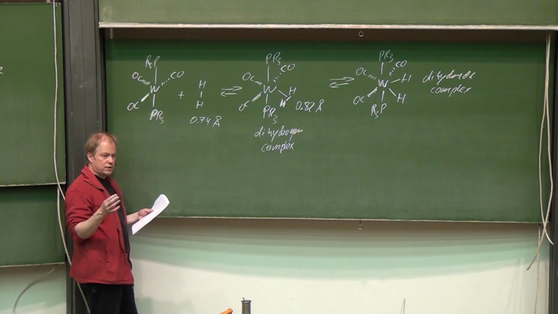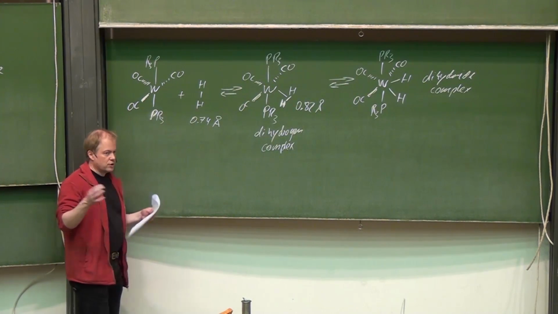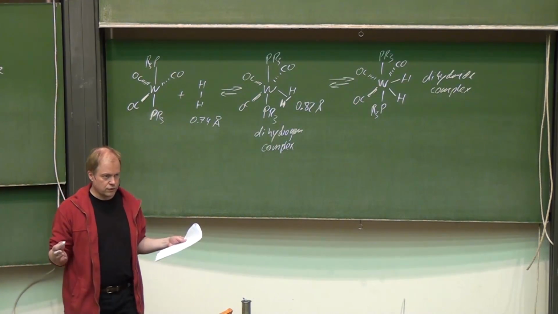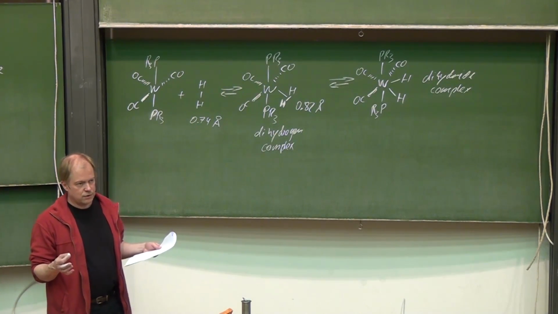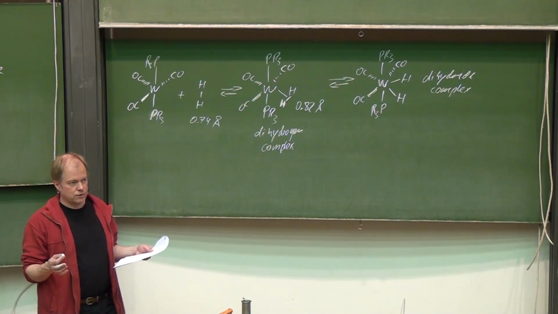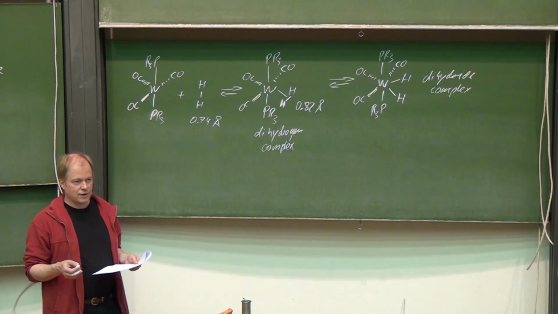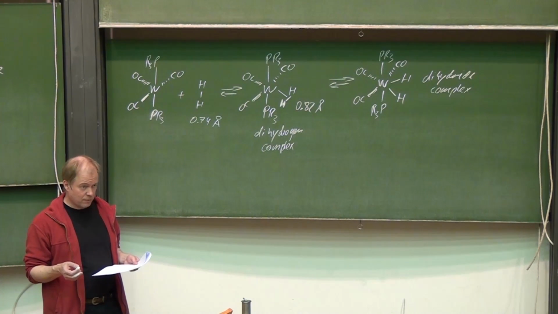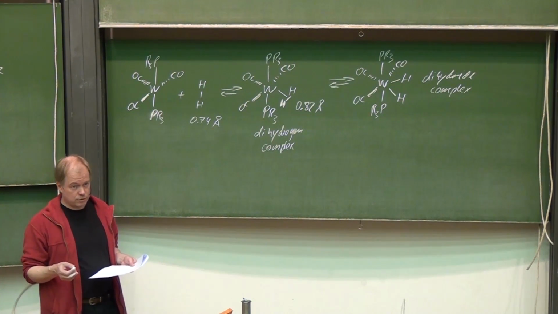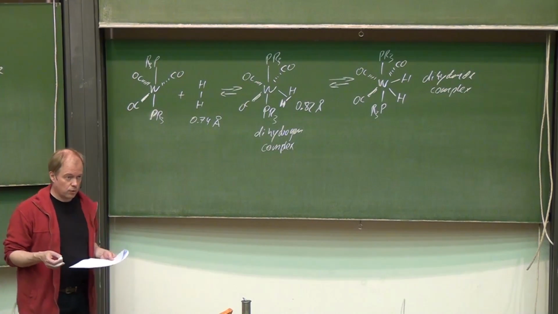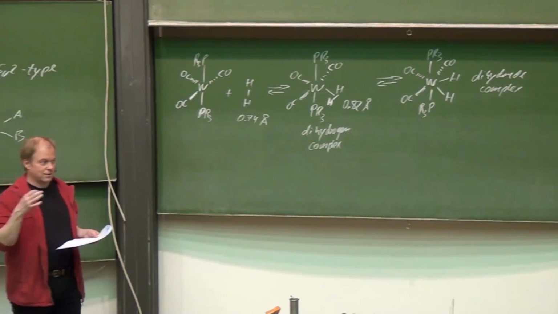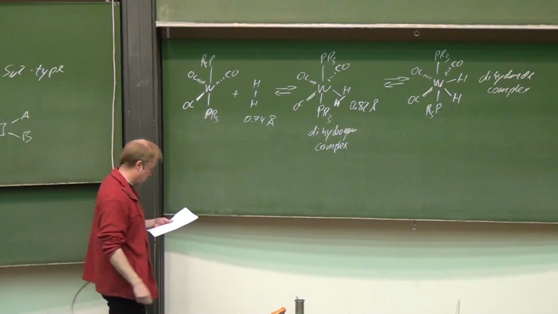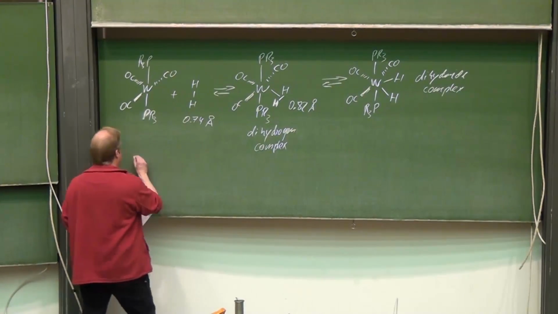In these cases, we cannot assume some SN2 kind process. As you know, we don't have SN2 reactions also in the normal carbon chemistry when a carbon is sp2 hybridized. There we have always addition elimination processes.